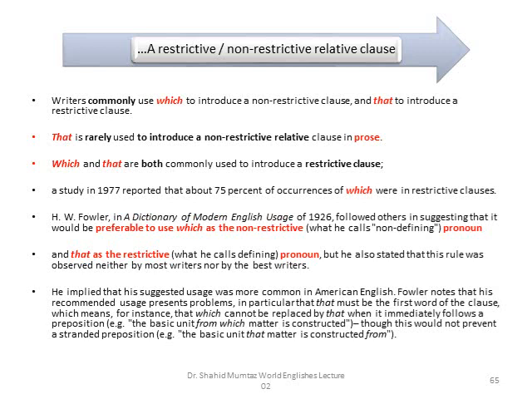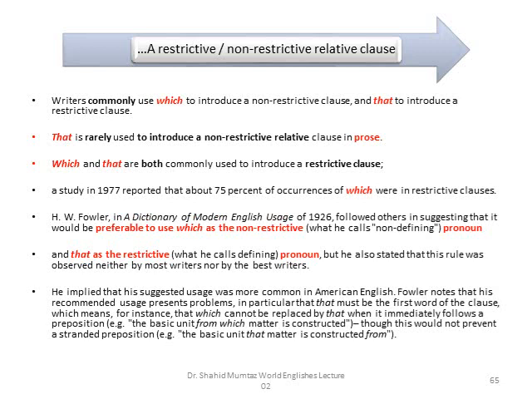H.W. Fowler, in A Dictionary of Modern English Usage, 1926, followed others in suggesting that it would be preferable to use which as the non-restrictive, what he calls non-defining, pronoun.